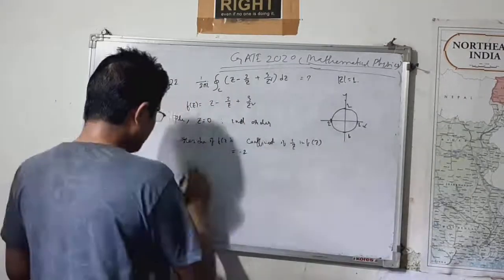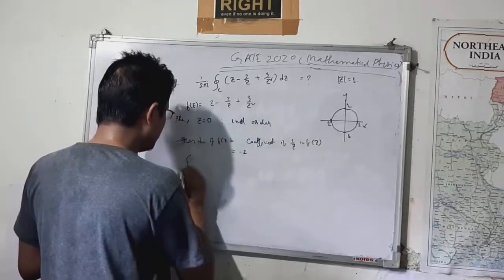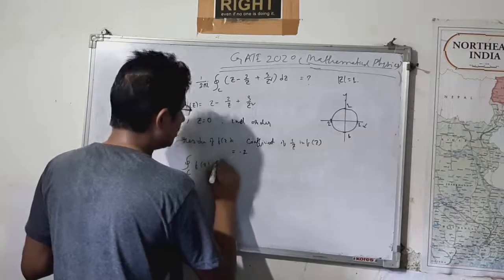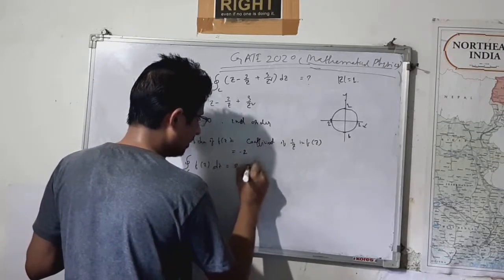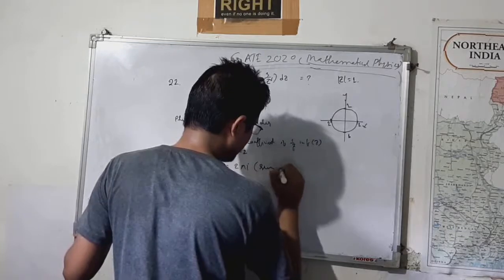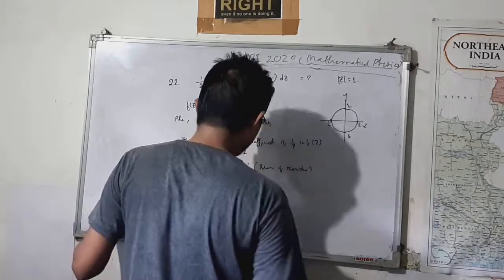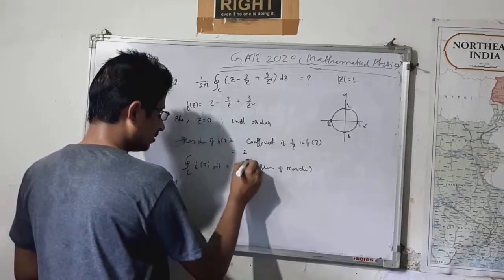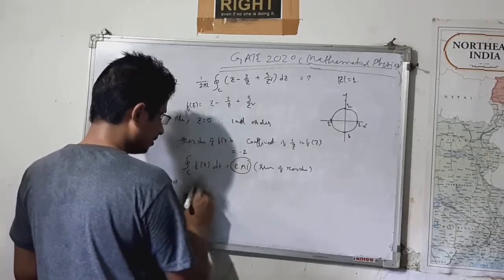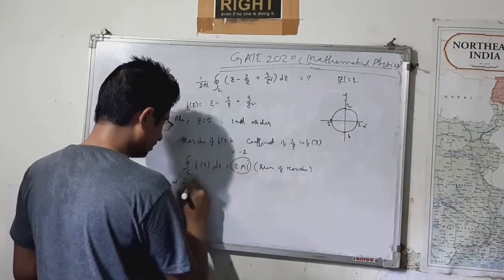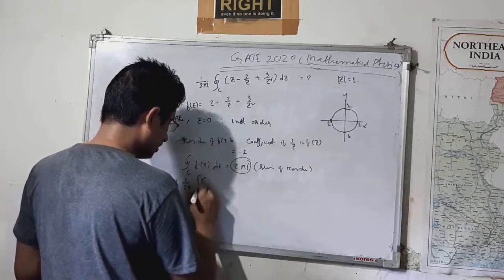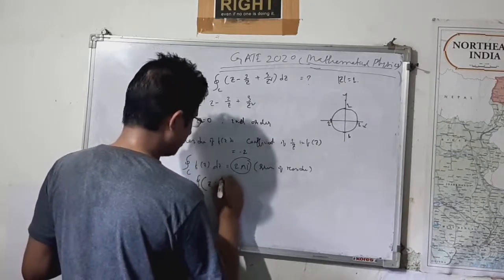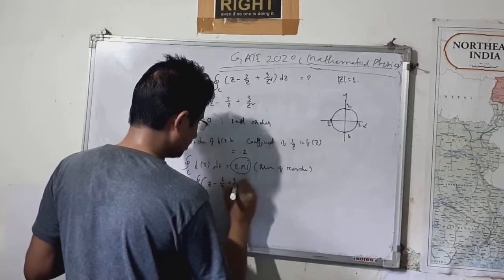From the residue theorem, the integration of f(z) dz equals 2 pi i times the sum of residues. Here f(z) is z minus 2 by z plus 3 by z square.